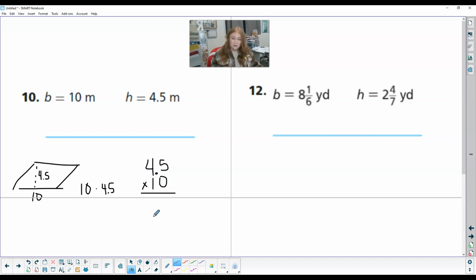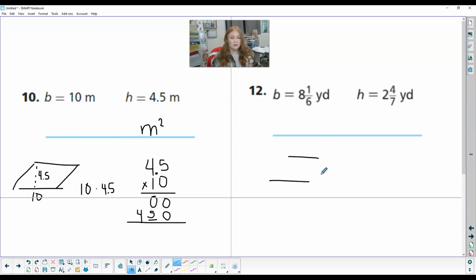So 0 times 5, 0, 0 times 4, 0. Now I need a placeholder because I'm multiplying by a number 10 times bigger, so I need to start my answer in the tens place. There's 5 and 4, so I add those up and move my decimal one place. And my answer is meters squared because I'm finding how many squares can fit into this parallelogram.